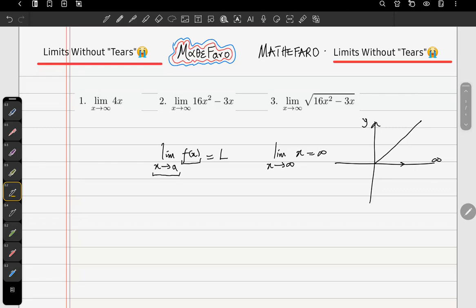In most cases, when we want to evaluate limits, we make direct substitution.